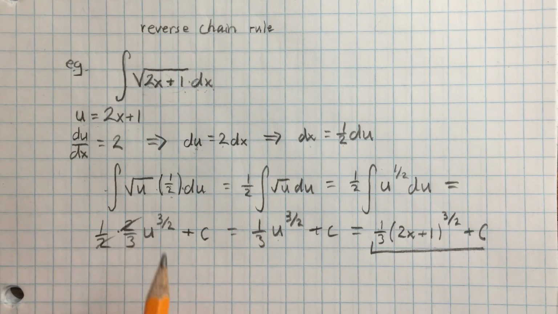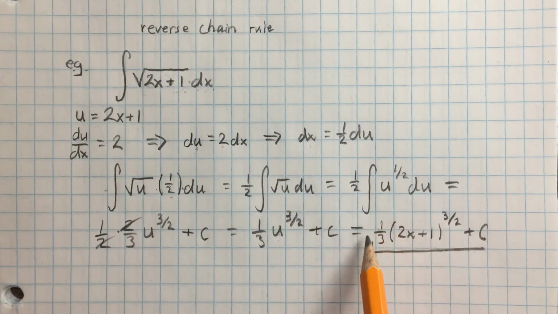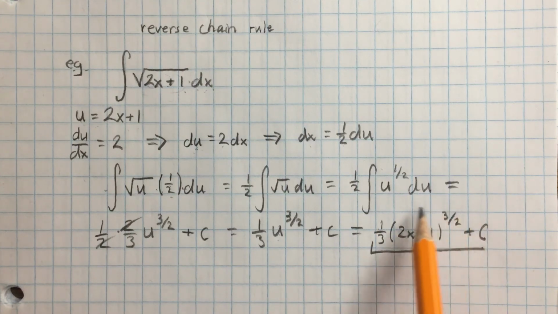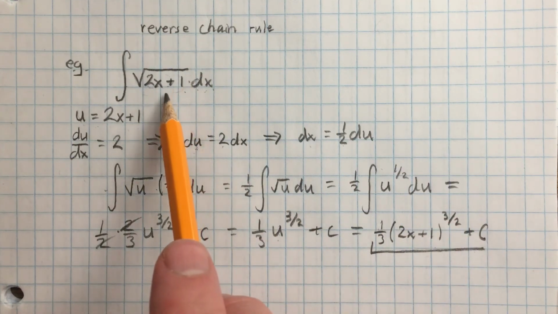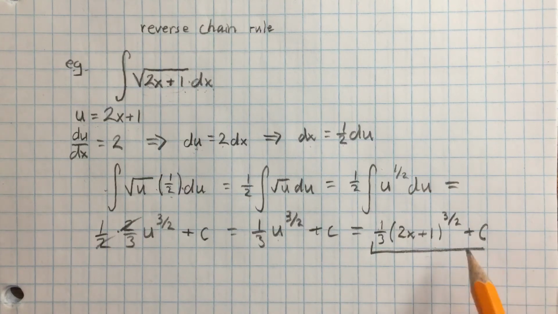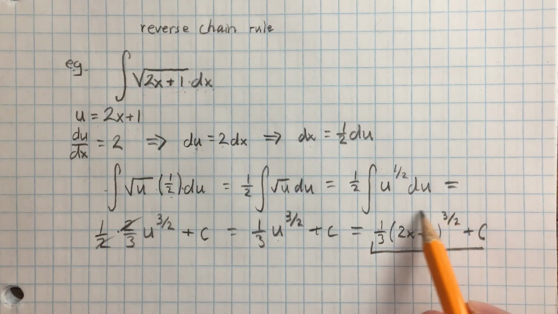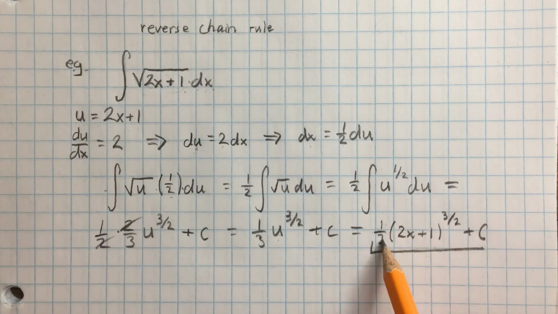And what's a good idea to do at first when you're working these problems, after you feel like you have some success with getting the answer, is to differentiate this very quickly in your mind and make sure that if you were to take the derivative of this expression, you would get back to the original integrand. Okay? So I'll just do it very quickly. Again, just mentally. You don't need to work out the whole thing. 3/2 would come down. 3/2 would cancel 1/3, giving us 1/2. Right?